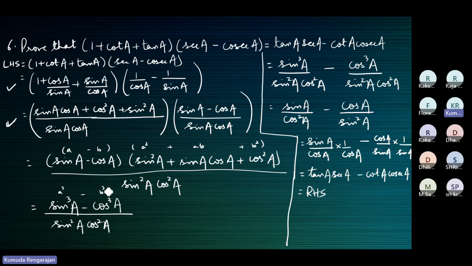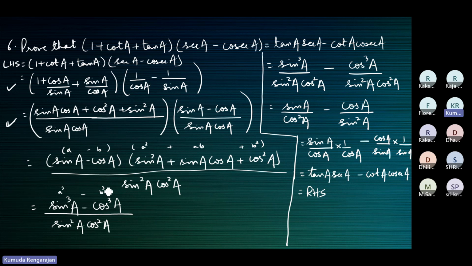Here a is sine a, so a cubed is sine cubed a, and b is cos a, so b cubed is cos cubed a, all over sine square a cos square a. Multiplying the denominators, we get sine square a cos square a. Now divide each term in the numerator by the denominator. So it will be sine cubed a by sine square a cos square a minus cos cubed a by sine square a cos square a.